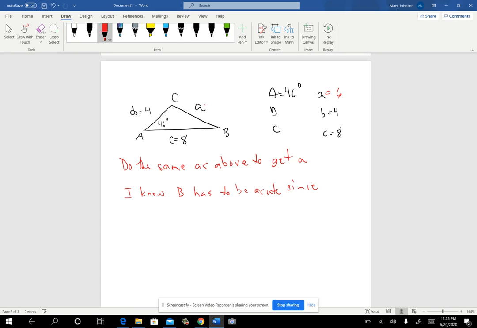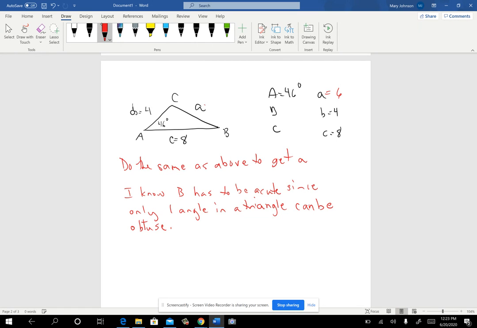since only one angle in a triangle can be obtuse, okay? Obtuse, sorry, I'm having trouble writing. Okay.